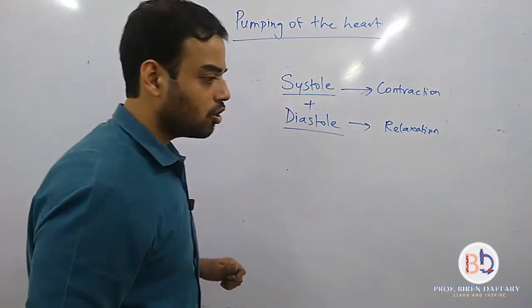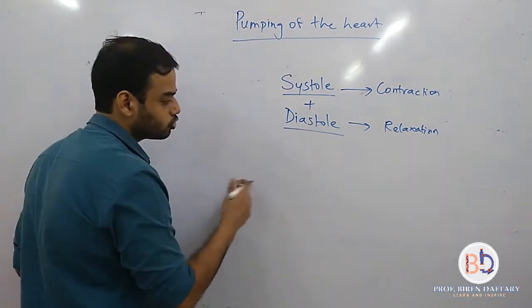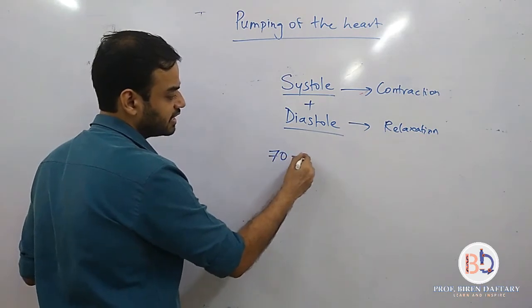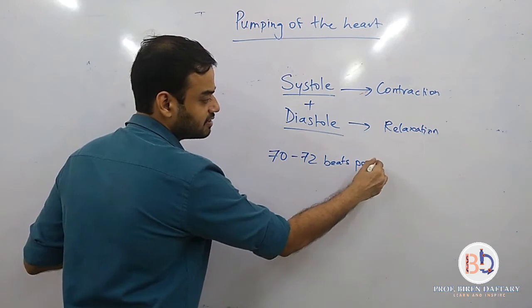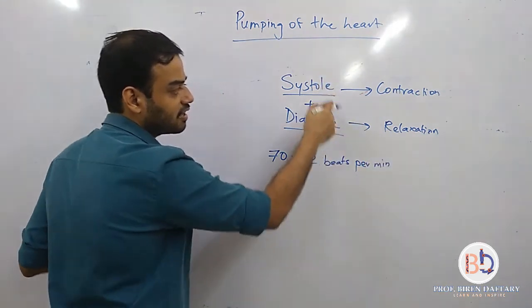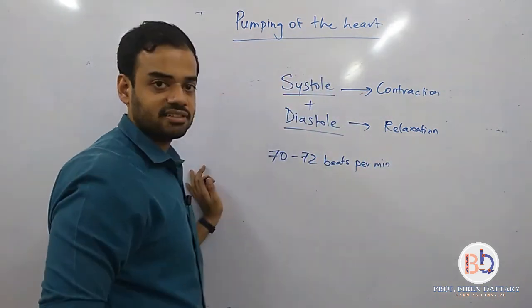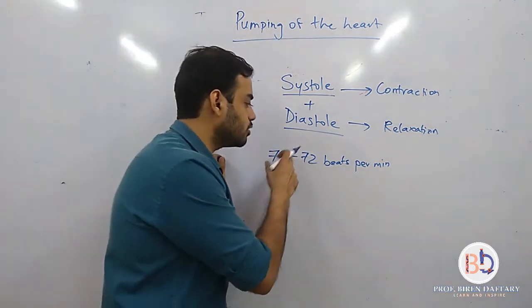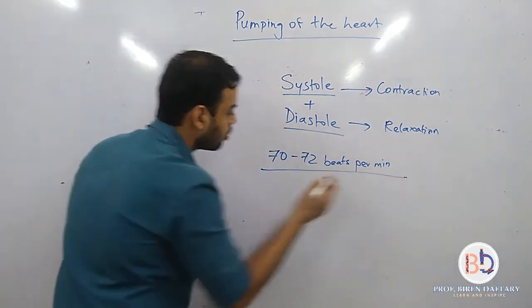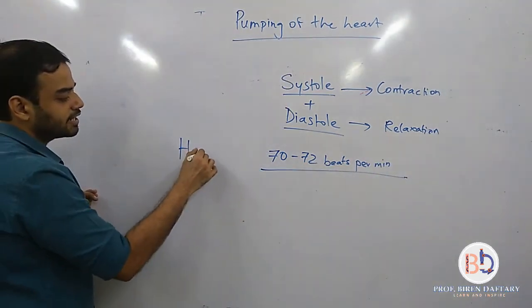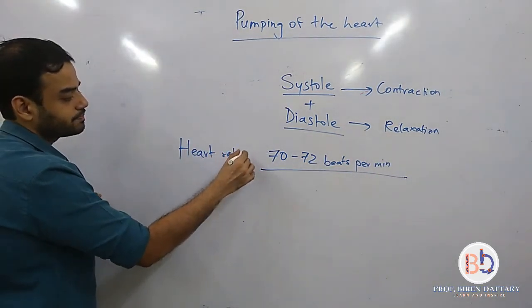So a normal or a healthy person will show approximately 70 to 72 beats per minute. That means that this cycle of contraction and relaxation will occur 70 to 72 times in 1 minute, and this is called the heart rate.